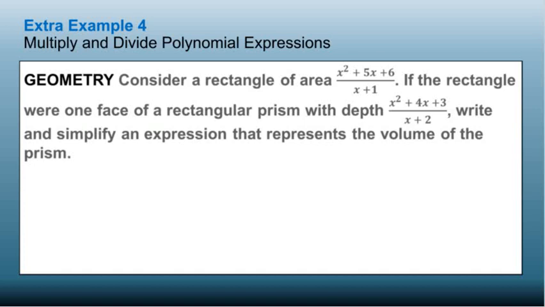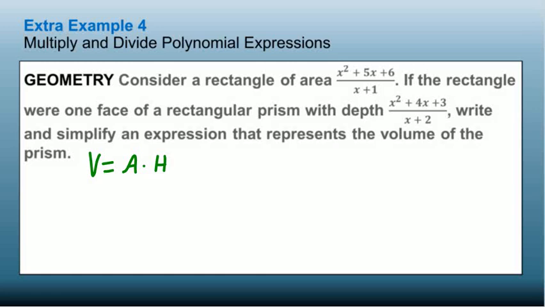So again, volume is area of the base times the height. So we need to write an expression that represents the volume.